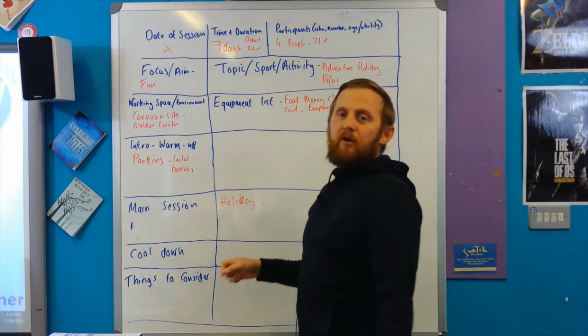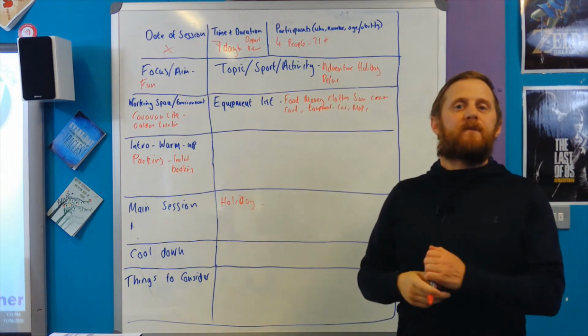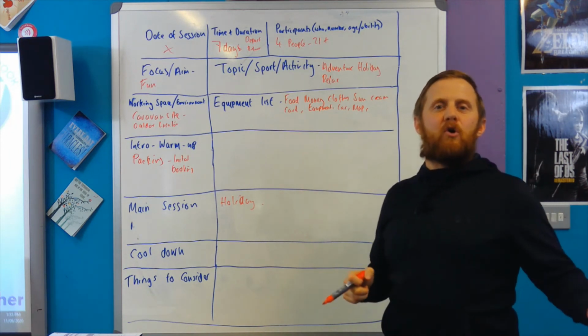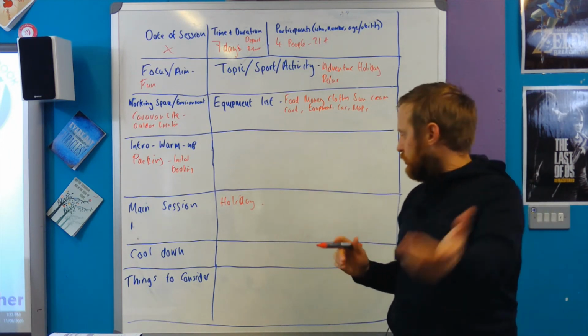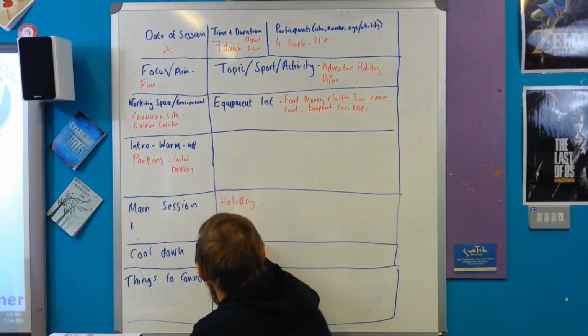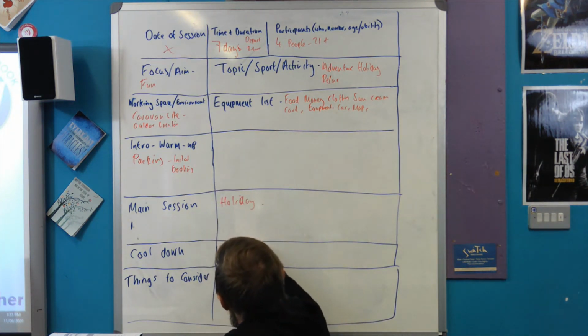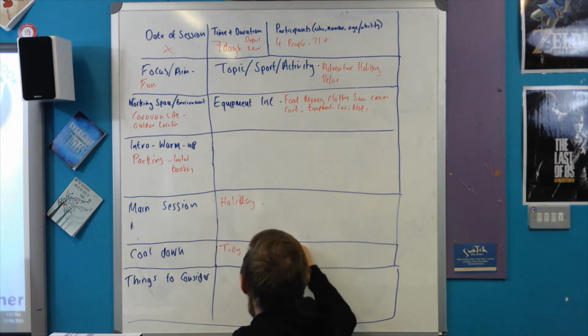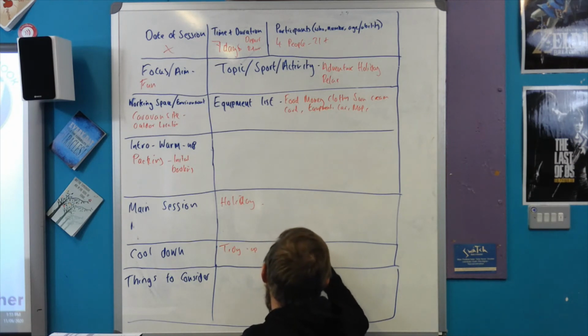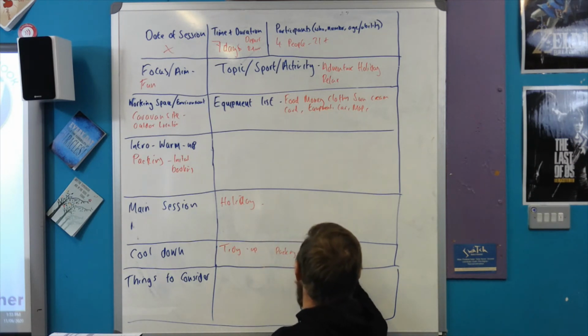Right, what's the cool down going to be then for this trip? What did you do before you came home though? Bedtime. So you're going to do your tidying up. What else do you need to do? Not just tidying up. Think about your clothes. So you're packing up. What else? Check out.